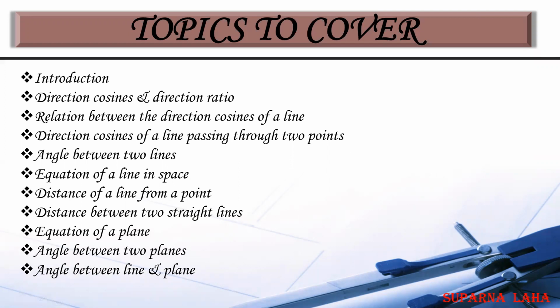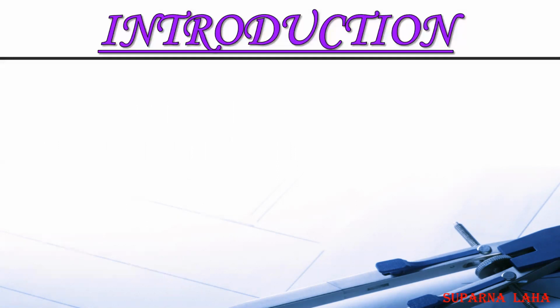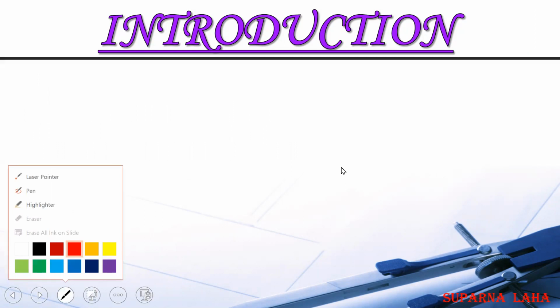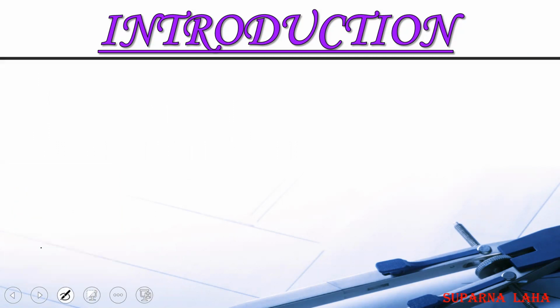So for this chapter, we need to know what is three-dimensional space or what is three-dimensional coordinate system. So in class 11, you already know about three-dimensional geometry or three-dimensional coordinate system.